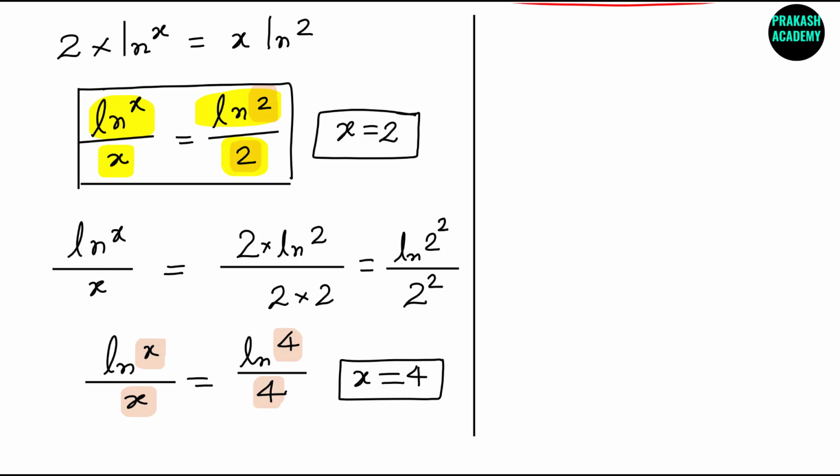To find whether it has only two solutions or more, we need to investigate the function. We need to plot the function. Generally in any calculus book you will find steps to plot a function, so let us discuss that. What is the function we have? In our case the function is log x divided by x.